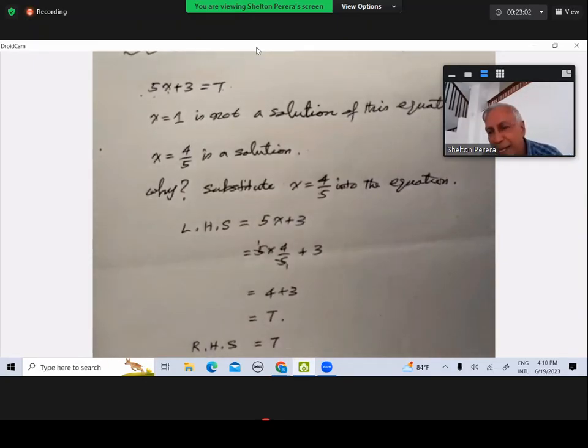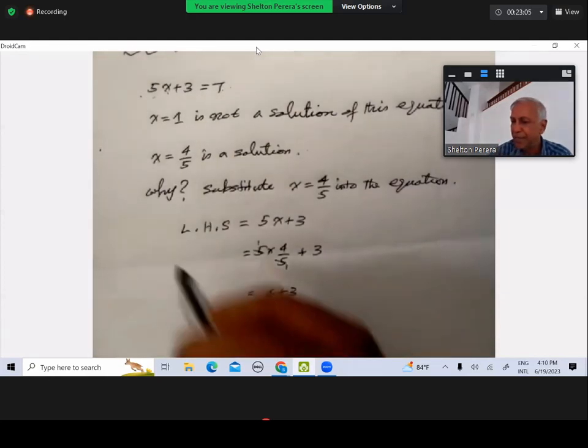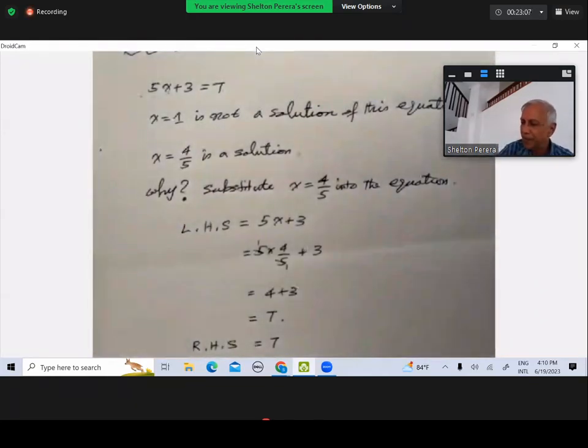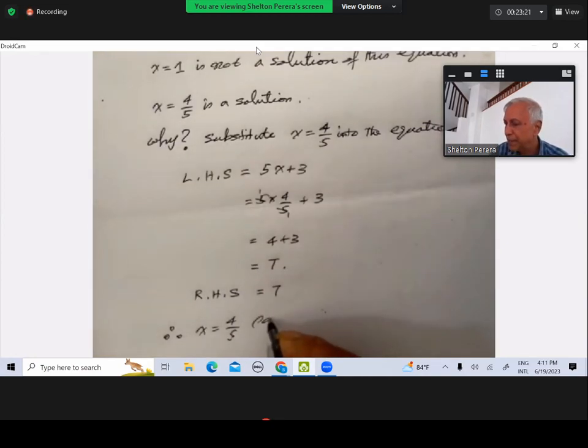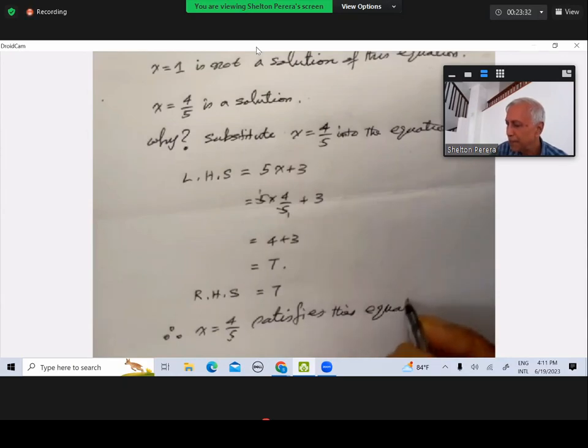Learn the English words also as we go on. Therefore, x equals 4 over 5 satisfies the given equation.